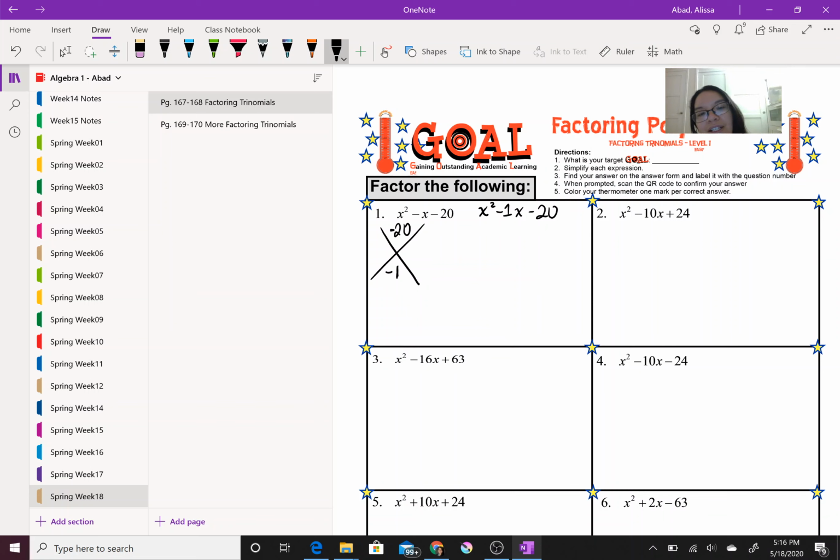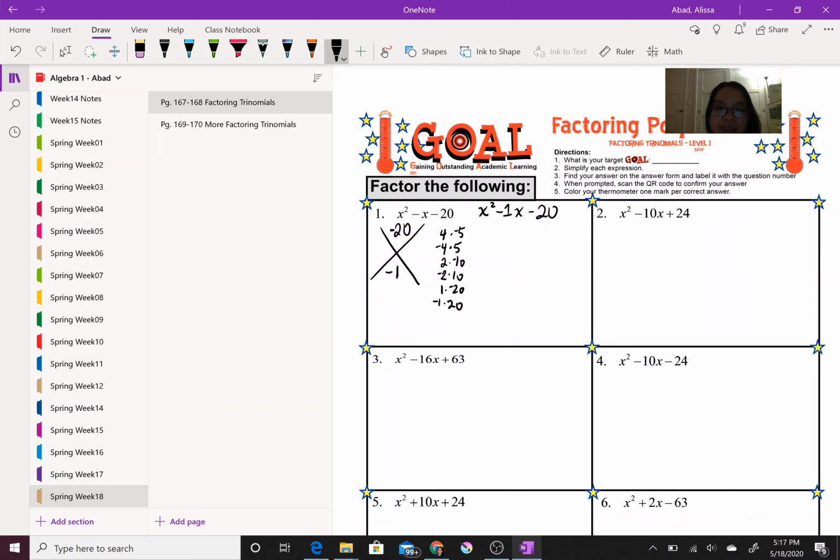I can put together all of my factors of negative 20. I have 4 times negative 5, negative 4 times 5, 2 times negative 10, or negative 2 times 10. I also have 1 times negative 20, or negative 1 times 20.